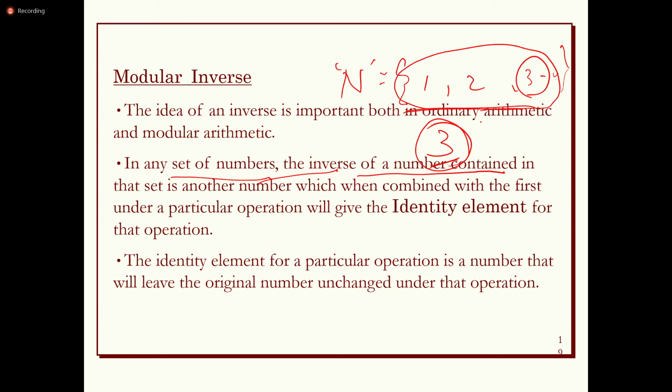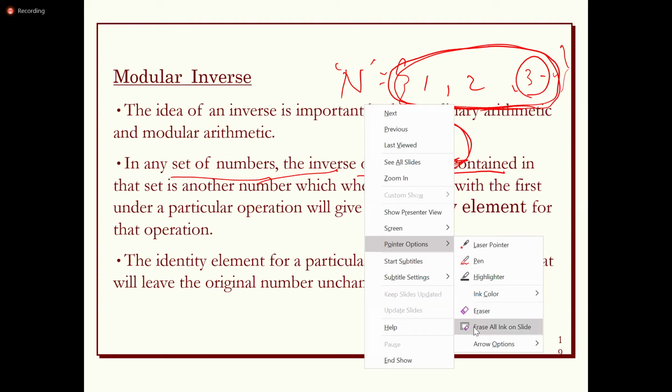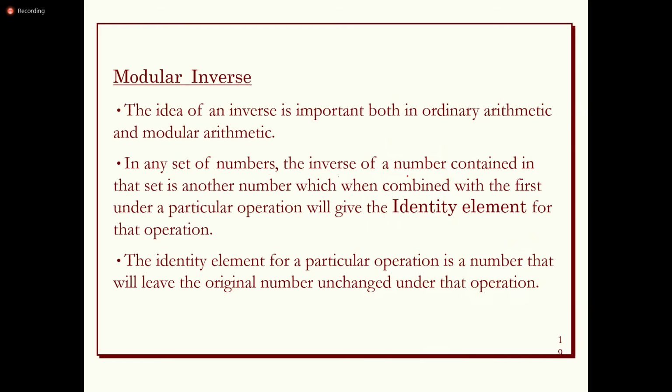It may be 2 or 1, whatever. In the same manner, the multiplicative inverse will also exist in the same natural number set. So here is a definition: the inverse of a number contained in the set is another number.